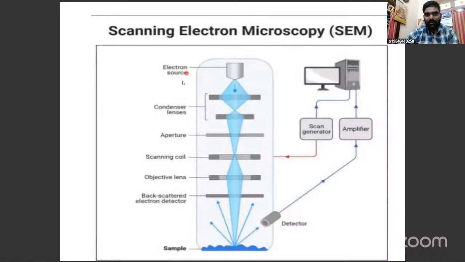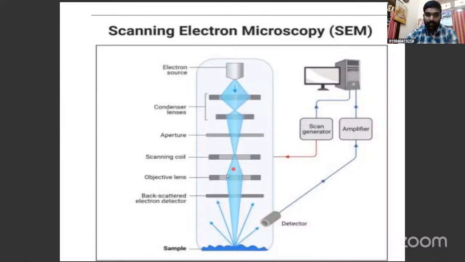This is the electron source, condenser lens, aperture, scanning coil, objective lens, backscattered electron detector, and the specimen. This is the detector which is connected to the system amplifier and to the reading system, the computer, and the scan generator. So the beam coming from the electron source will go through the condenser lenses and the aperture and through the scanning coil, and it will be given to the objective lens which will form an image.